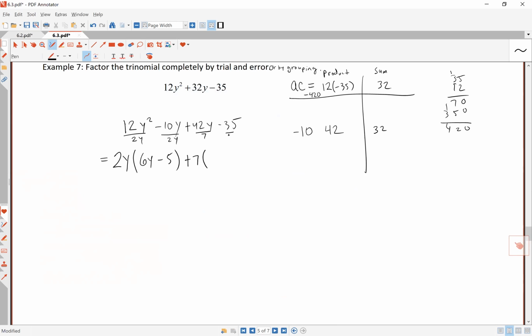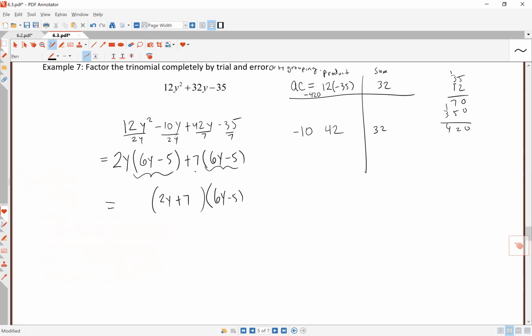Dividing by 7 on both terms leaves us with 6y minus 5. We have a common binomial. Factor that off to the right-hand side, and we're left with 2y plus 7, giving us 2y plus 7 times 6y minus 5.